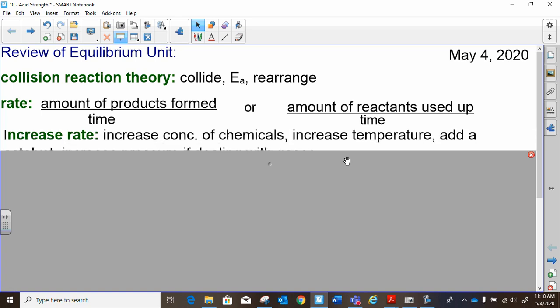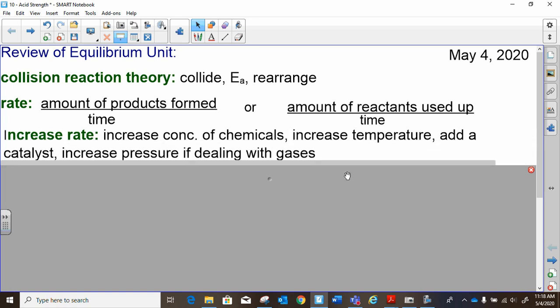Then we talked about how we could increase the reaction rate. We can make the reaction happen faster if we increase the concentration of chemicals involved, if we increase the temperature, because of course increasing the temperature means you're adding energy, and if you're adding energy, there are going to be faster collisions and more rearrangements happening. You can add a catalyst.